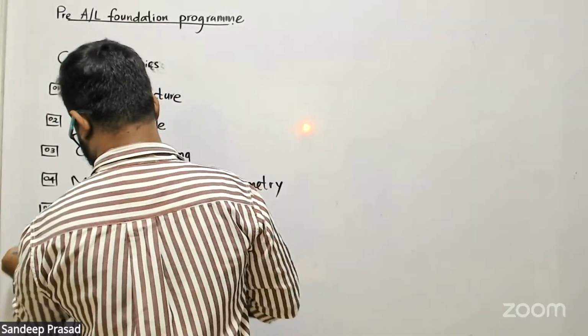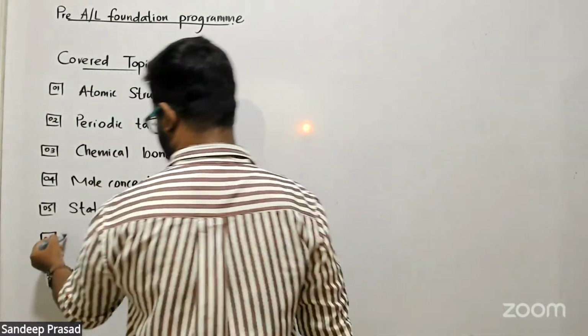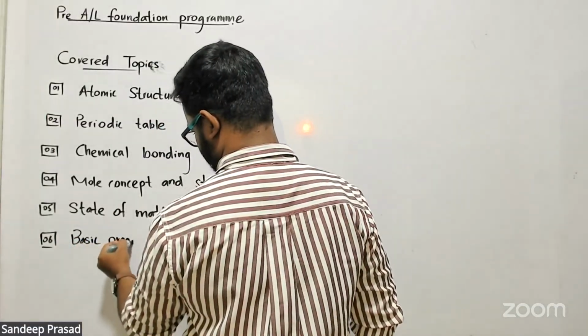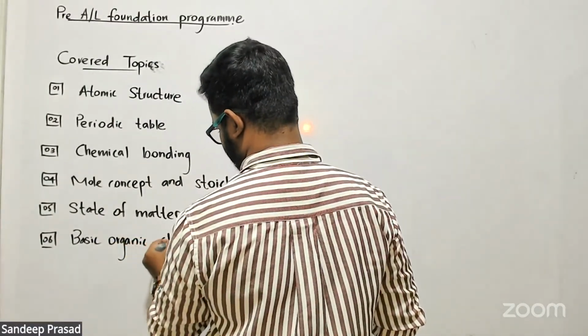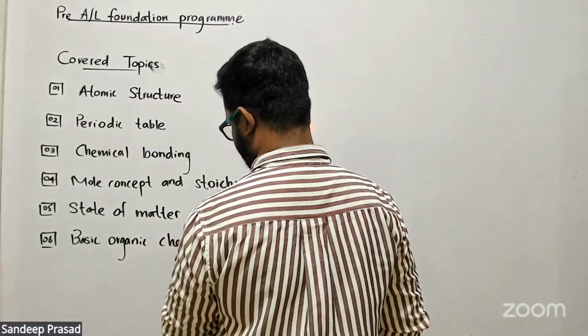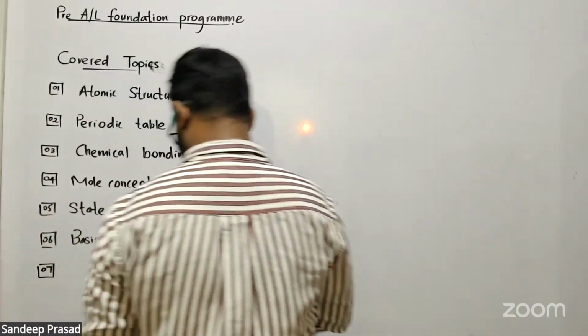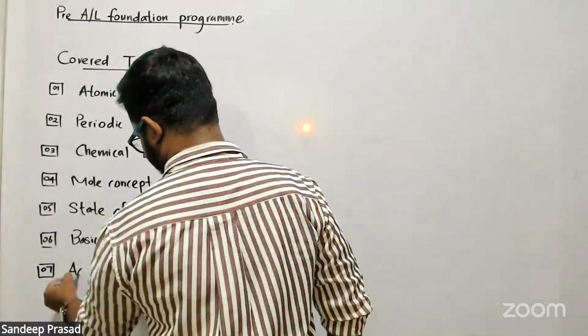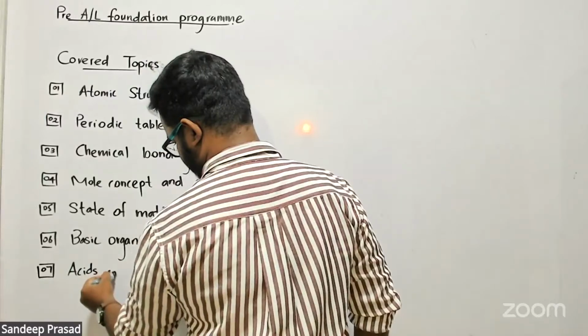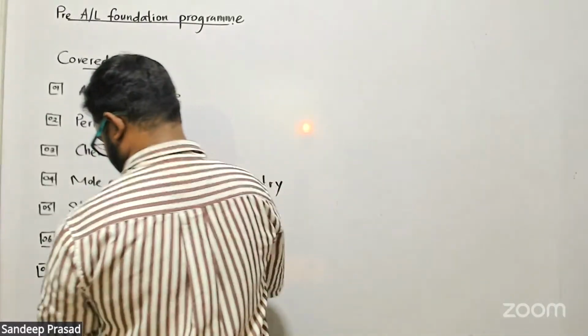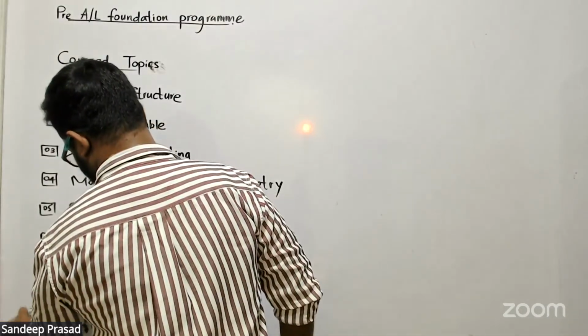Number 6 is basic organic chemistry. The seventh, topic number 7, is acids and bases. Number 8 is redox.